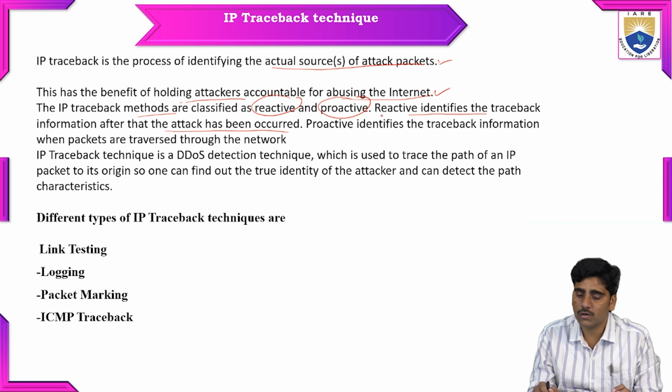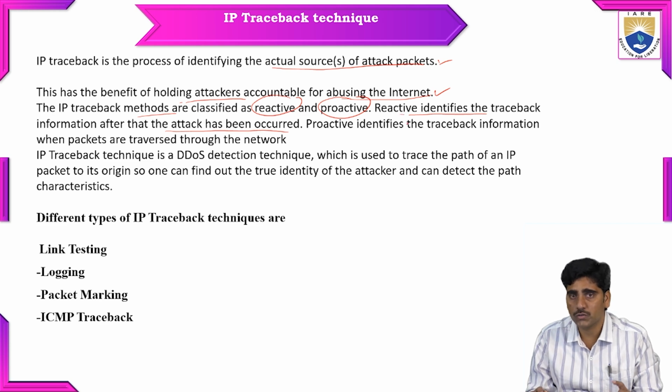And the proactive method identifies the traceback information when packets are traversing the network. So when packets are being forwarded through the network, at that moment the proactive process identifies it.